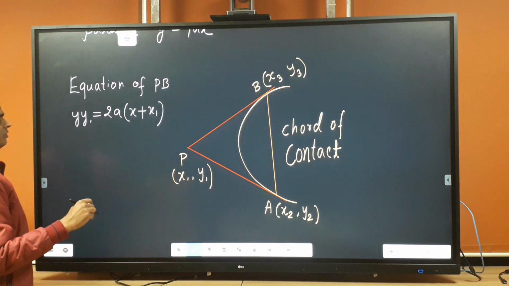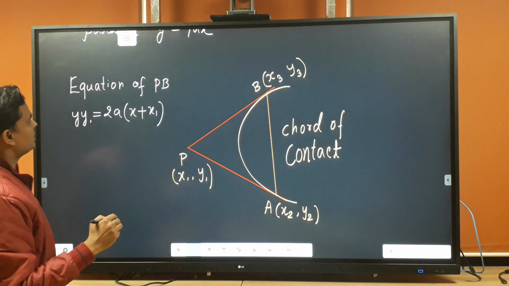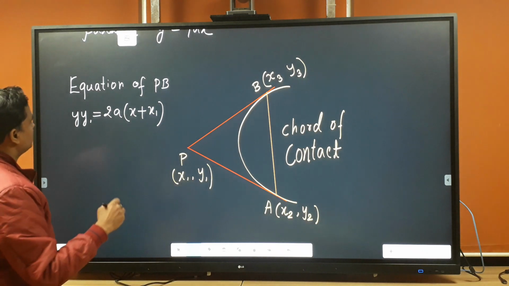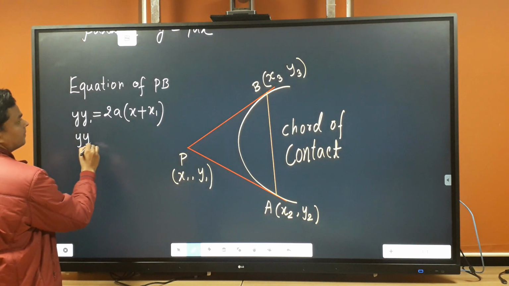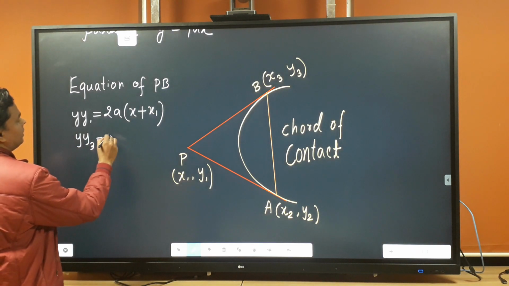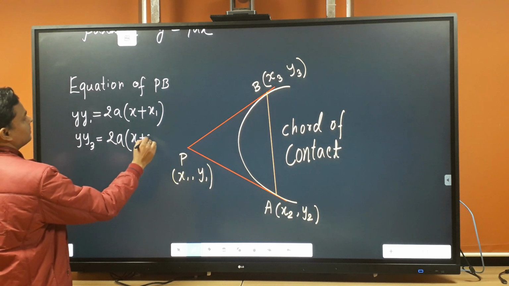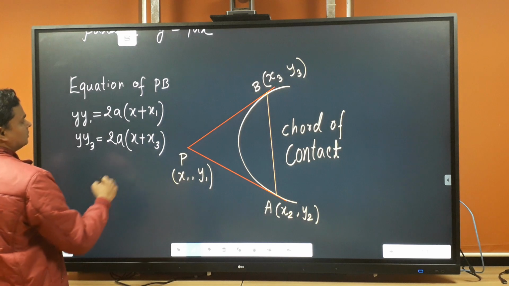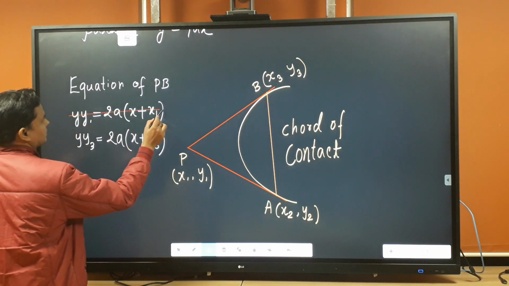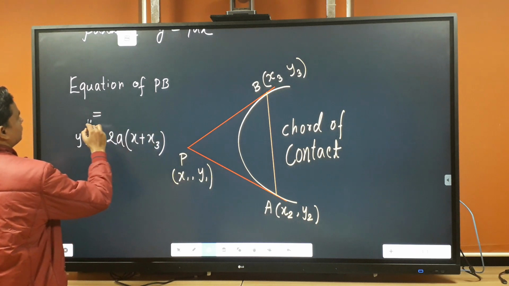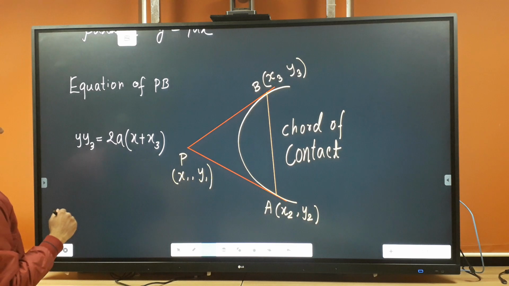Now here we are drawing the tangent at point x3 y3, so we change it to y y3 is equal to 2a times x plus x3. This will be the equation of tangent PB.